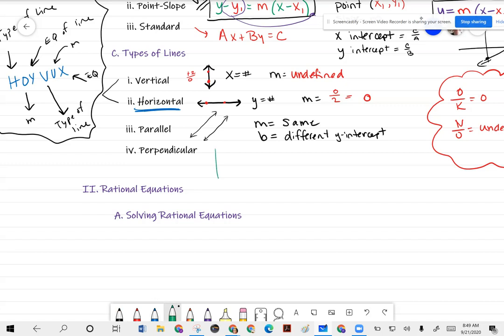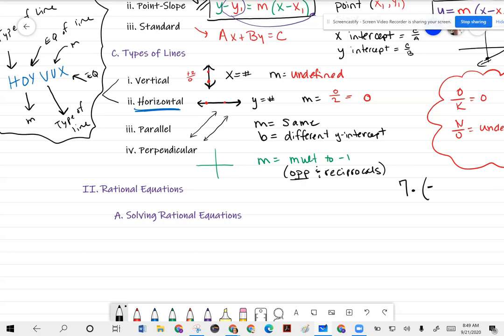Whereas perpendicular, their slopes are going to multiply to -1, which just simply means that they are opposite and reciprocals. Okay, so let's take, for example, let's say I have 7. Okay, so if my slope is 7, then the perpendicular slope would have to be a negative, right?